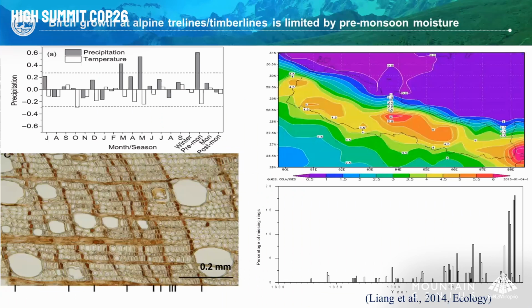We found that in fact, tree growth was limited by moisture, not by temperature, even though temperature is negative. It's different from other regions. In the last 200 years, the missing rain frequency also increased. Missing rain means that the growth environment is close to the limit for tree growth.